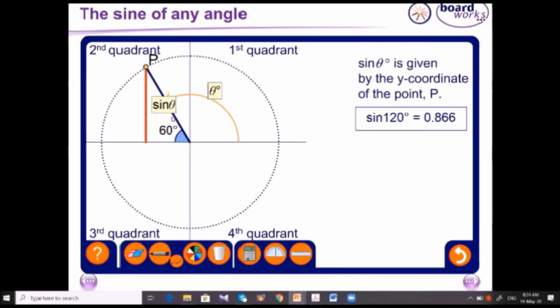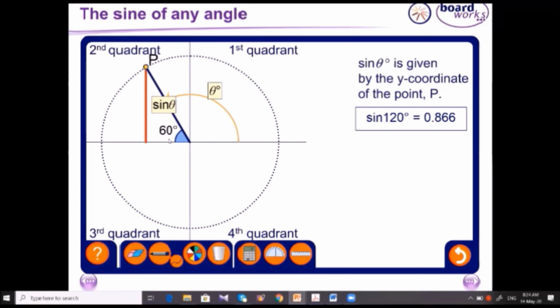In this quadrant, 120 degrees gives me a 60 degree right triangle. Does that make sense? Because this is 180 degrees, and I know this is 60 degrees because I took 180 minus 120 and got 60 degrees. That gives me the right triangle that I need to work with.